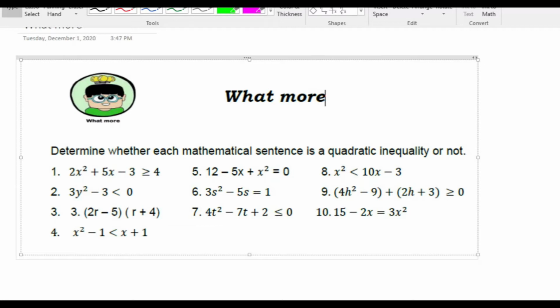So in your comment, write your name, then section, and then the answer. QI if quadratic inequality, not if not a quadratic inequality. You can pause this video for a while so that you have time to answer.